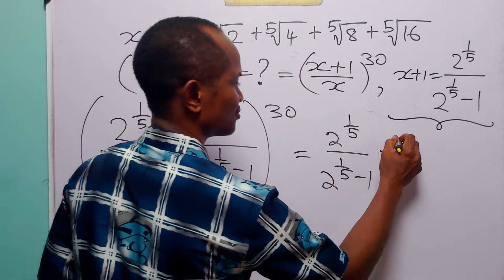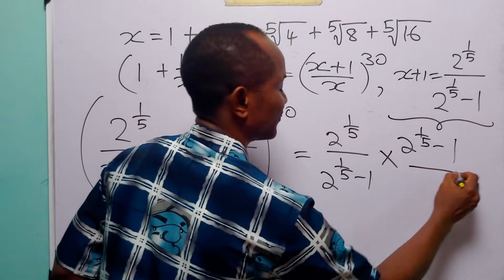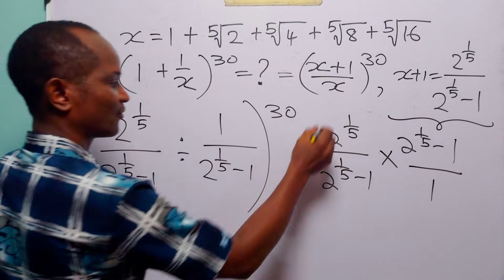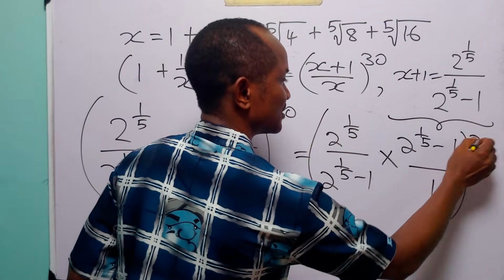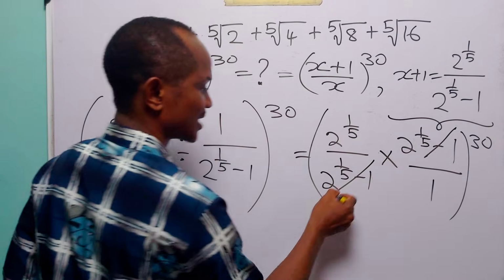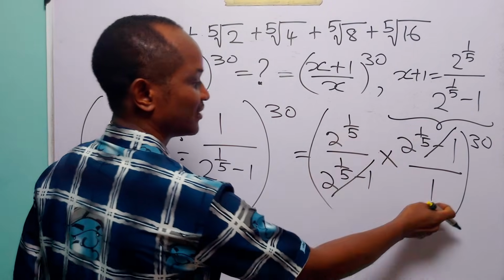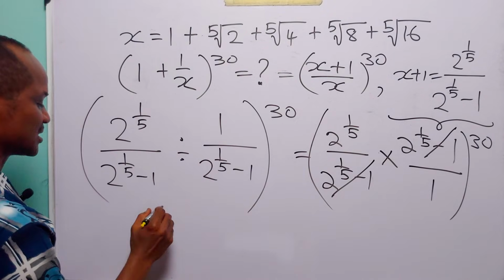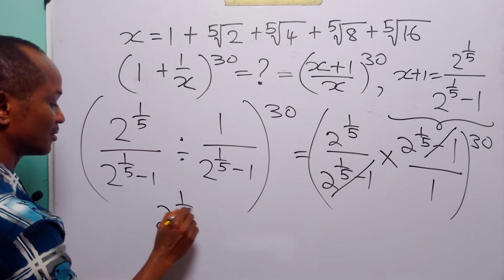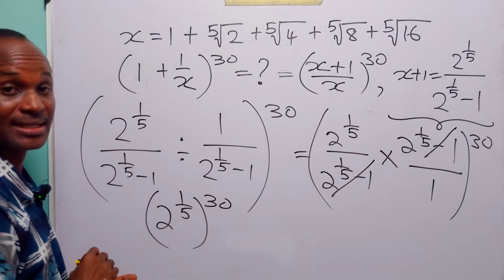So this is now going to be 2 to the power 1 over 5 minus 1 divided by 1. And of course, we are still raising this to the power 30. Now, this is going to cancel that. And we have 2 to the power 1 over 5 divided by 1, which of course is equal to 2 to the power 1 over 5. And then we have to the power 30.